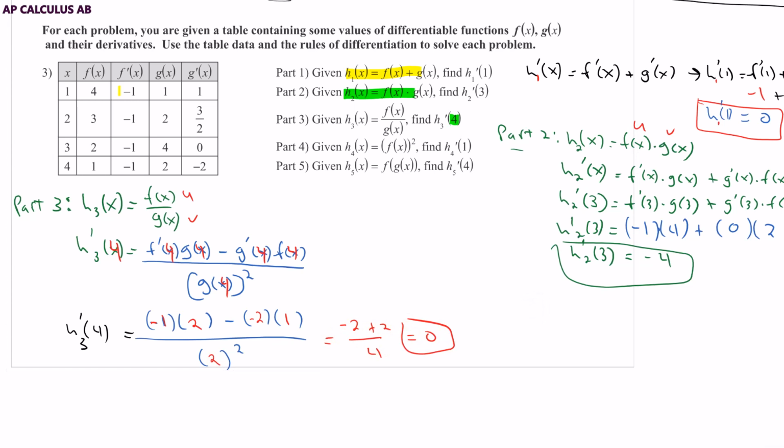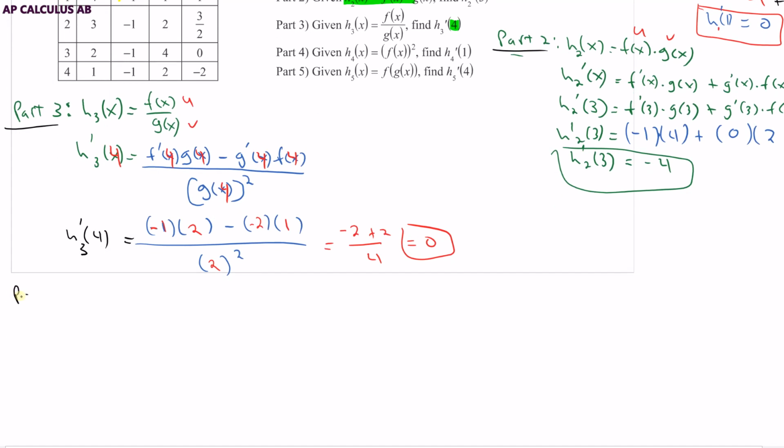Let's keep going with part 4. Part 4 says, well, this is our function. And we want to find the derivative. You have to use chain rule here, right? Bring down the 2 times f of x times the derivative of the inside, which is f prime of x.